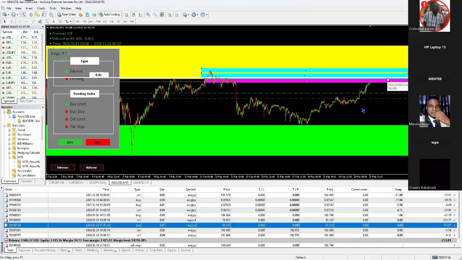So for me not to take too much risk, I will put it on this level that is very close. Yes, we said we cannot buy into a supply zone. That is the theory. And we cannot sell into a demand zone. But because most of the time the market violates this rule, when the market has edge, ignore the rule for that period of edge.